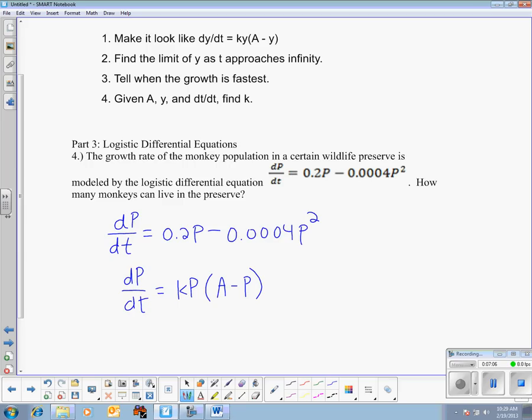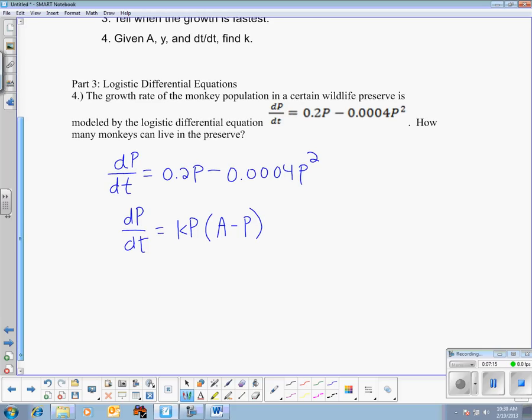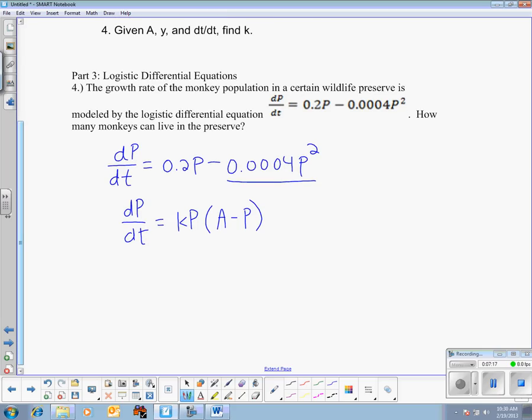So that's just going to require factoring out the p along with the constant so that just p is left. I need for this term right here, after I factor out, to be just p. So I'm going to factor out 1p along with 0.0004. In order for that to happen, I need to know what 0.2 divided by 0.0004 is.